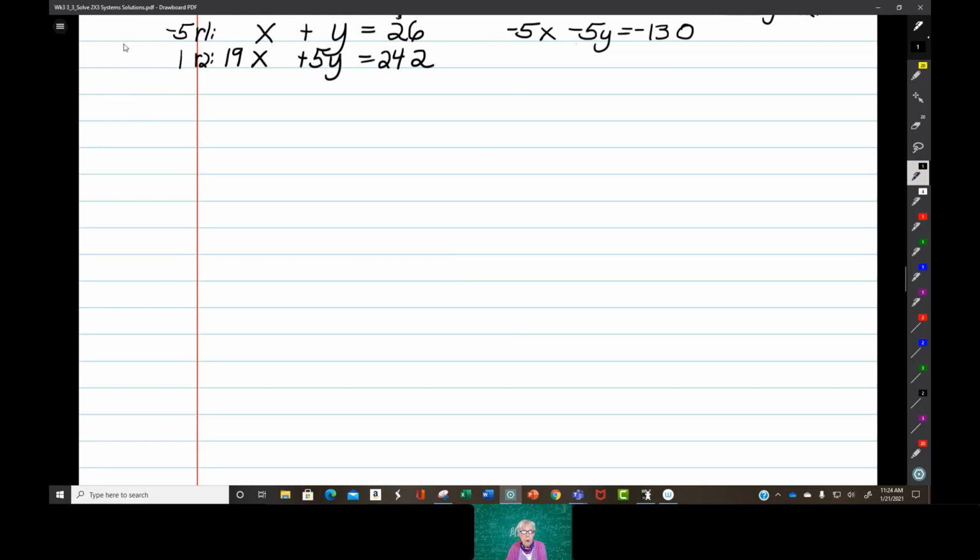And now 1 times row 2 will give me 19x plus 5y equals 242. And now, negative 5x plus 19x is the same thing as 19 minus 5, which is 14.